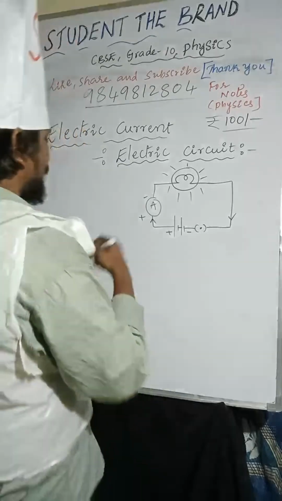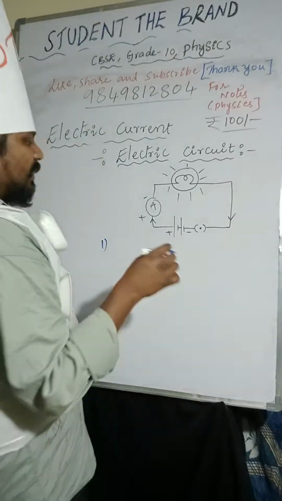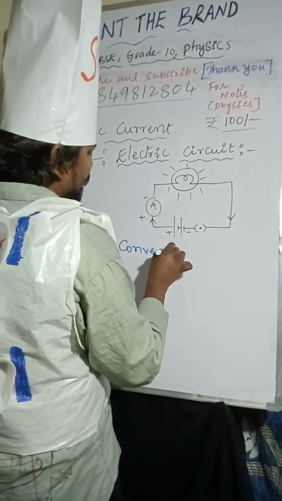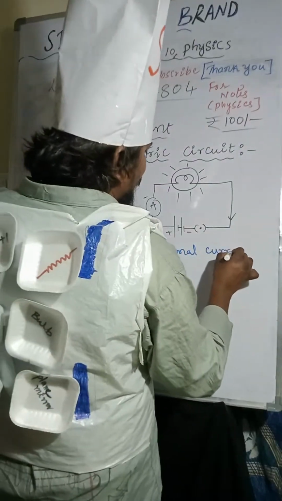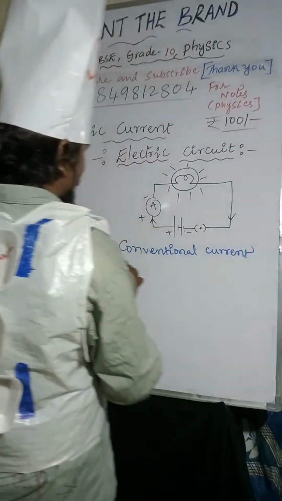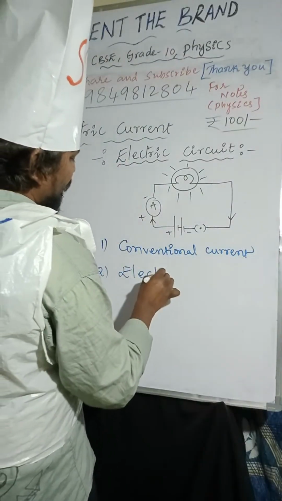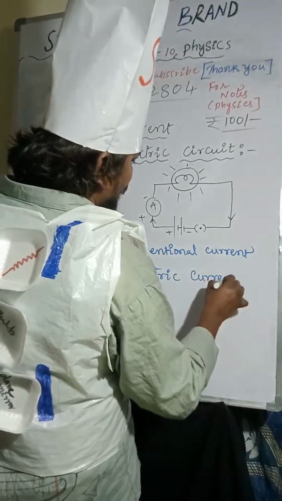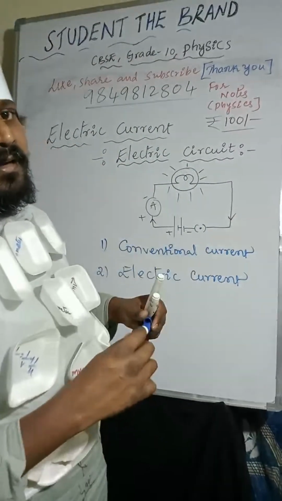Here there are two types of currents: one is conventional current, and the second one is electric current. So what is conventional current and what is electric current?